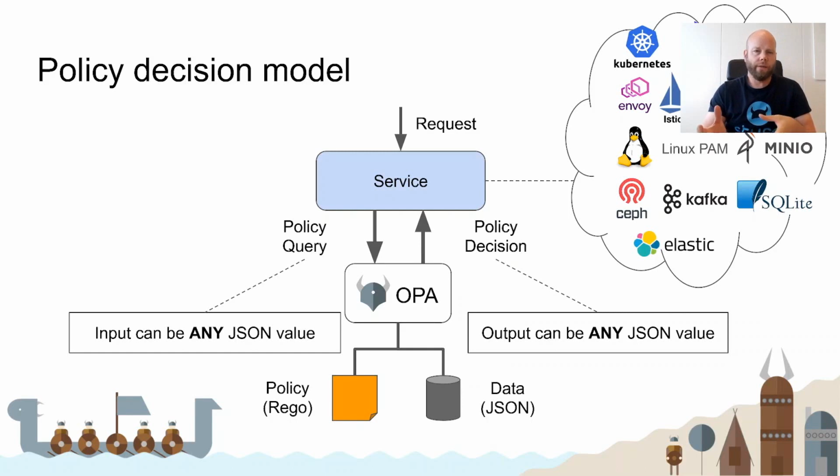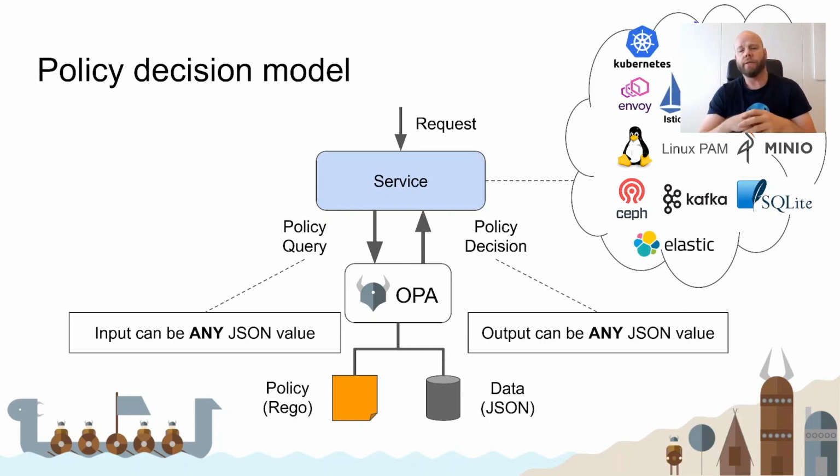And OPA in turn takes that query and checks available policies, which we have loaded into OPA, and optionally also external data that we have pushed or pulled into OPA beforehand. And based on this policy and data, it makes a policy decision. And this is what we return to the service.